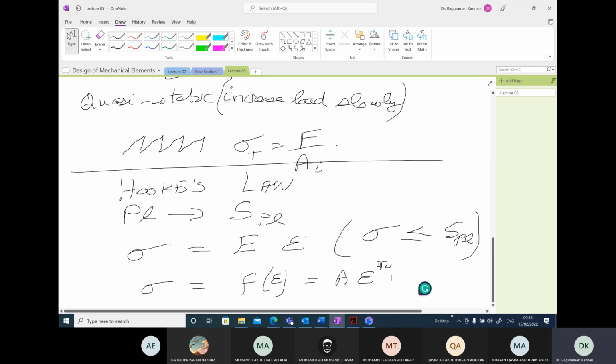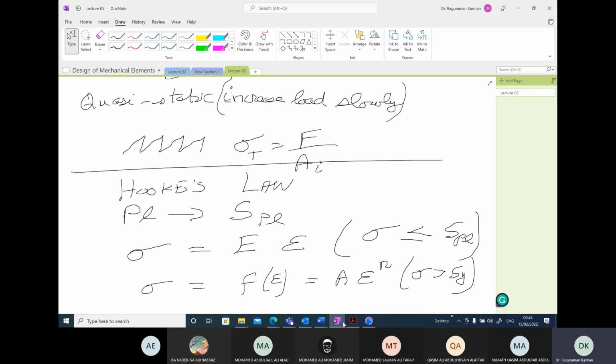It could be 1, 2, 3, or it could even be real numbers like 1.2, 1.3, etc. And it becomes a completely different equation, especially if sigma is greater than the yield point. Okay, so we cannot use Hooke's law blindly. You have to know that Hooke's law is valid only up till the proportional limit.